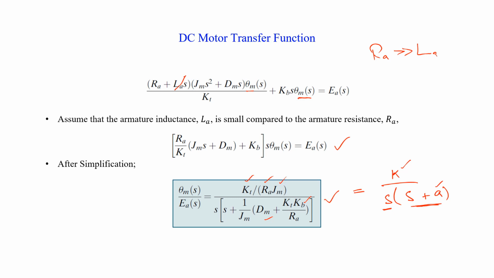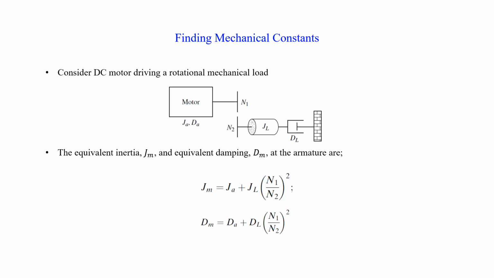In the next few slides, we will see how to find these motor constants. So let us firstly discuss how to find the mechanical constants Jm and Dm. For that, we will take a DC motor which is driving a rotational mechanical load with the inertia Jl and the damper Dl. The motor itself has the inertia Ja and the damper of the armature is Da.